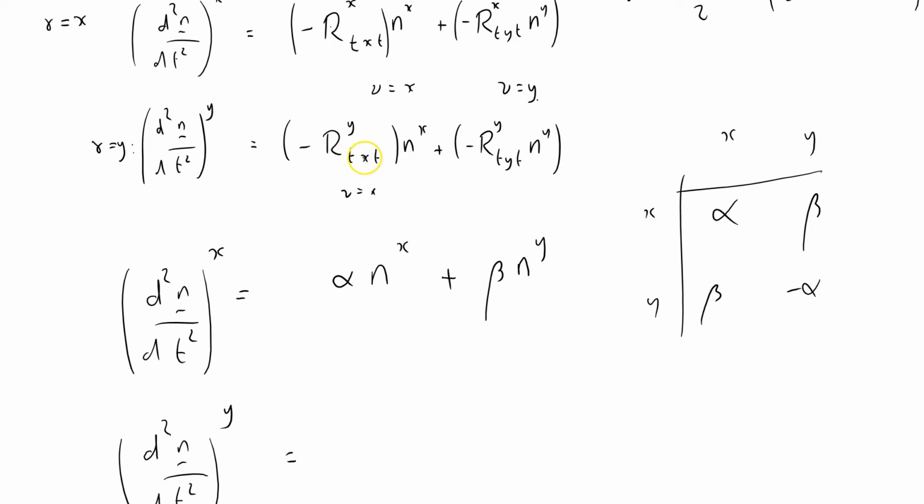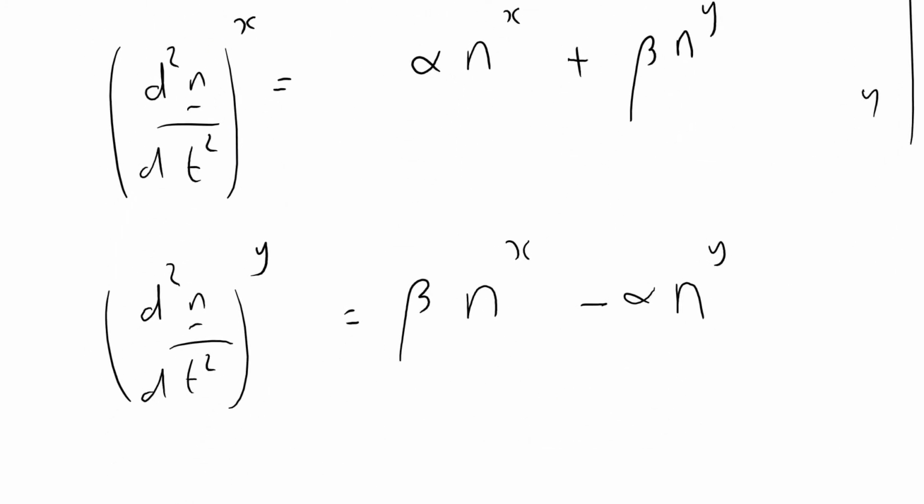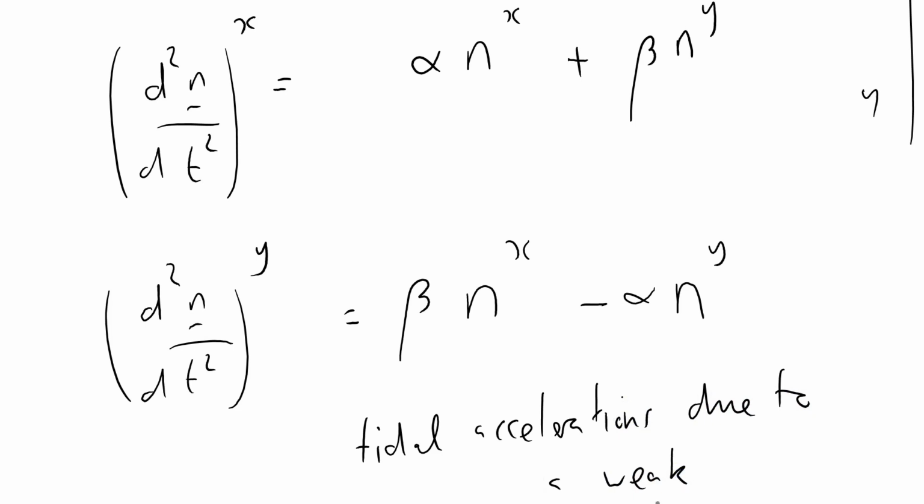Here I've got a y and an x, so that's going to be beta n x, and then, because it's the other component, the minus y term, minus alpha n y. So that gives me an expression for the tidal accelerations due to a weak gravitational wave.